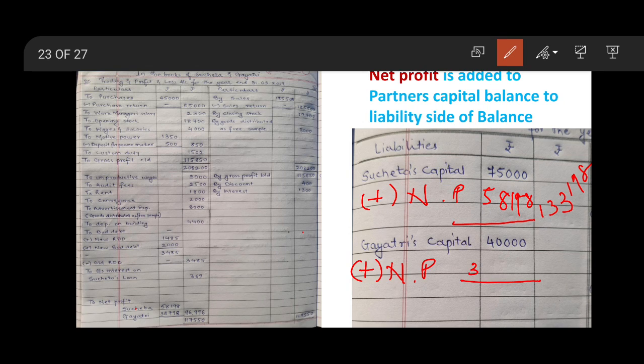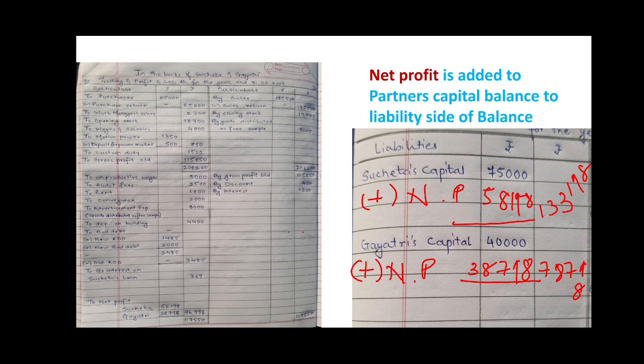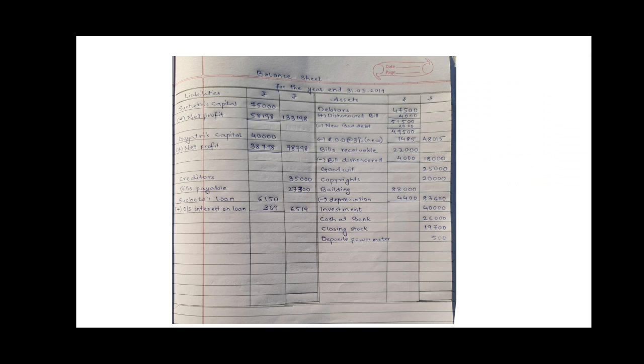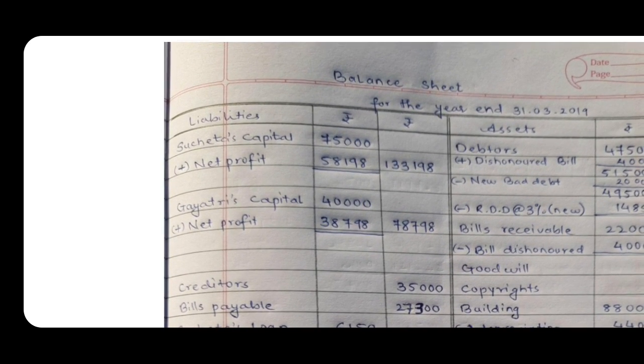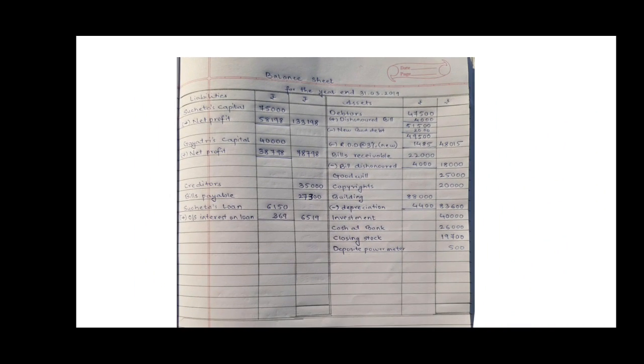It is 38,798. Take the total outside, it will be 78,798. Write it properly. So it is transferred. Net profit is added to Sucheta's and Gayatri's capital respectively on the liability side of the balance sheet. You can see here, in this way we will add it and take the amount outside.